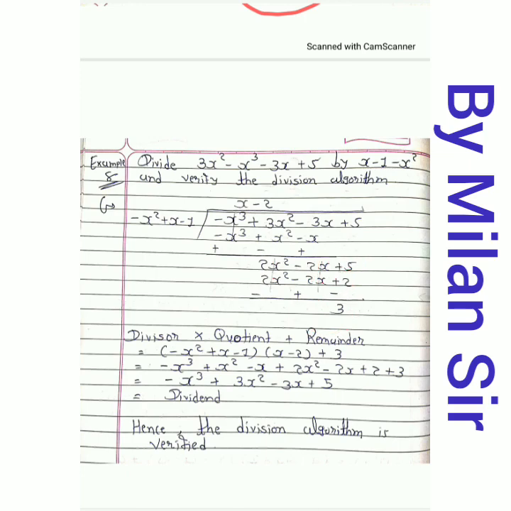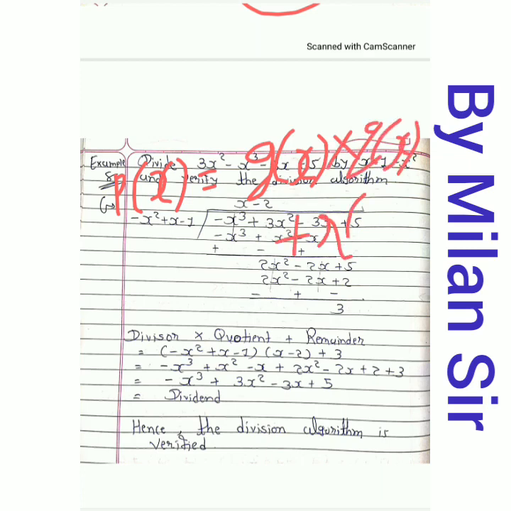Now the division algorithm. So p of x is equal to g of x into q of x plus r of x. We need to prove the left hand side and right hand side are equal. So we start with our right hand side. g of x means divisor, q of x means quotient, and r of x means remainder.